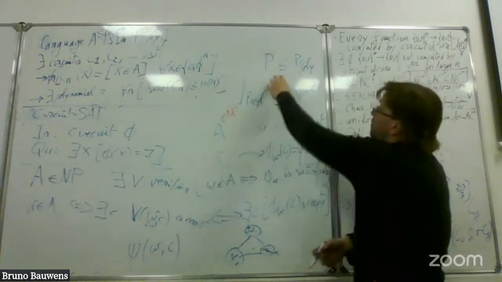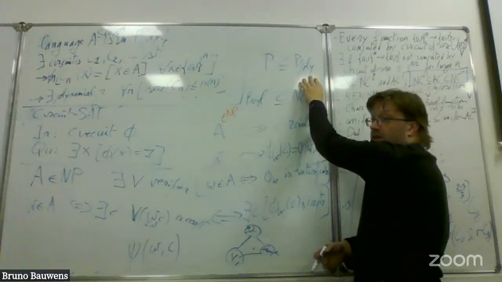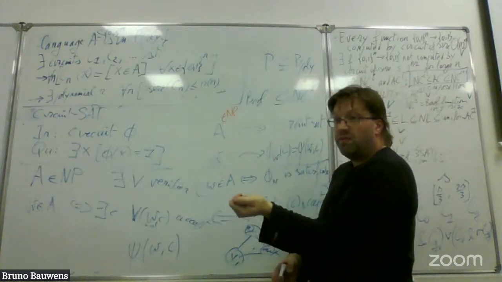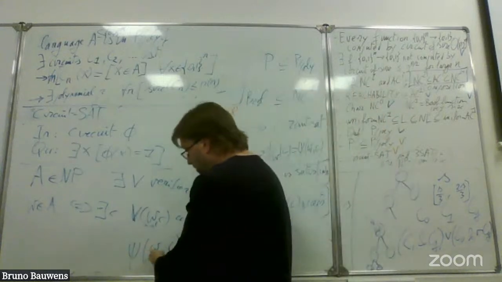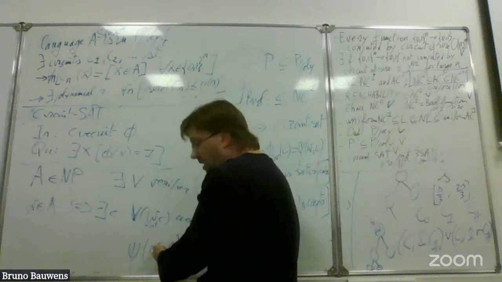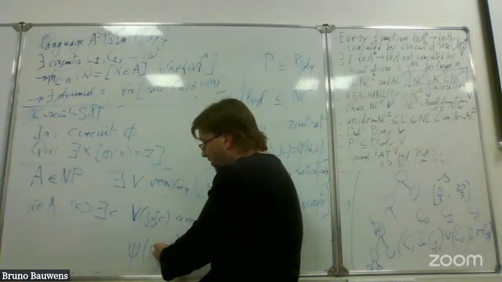So we proved that P is in P/poly. So we can get the answer from the verifier using a circuit. So the circuit has pairs as input and outputs accept or reject according to what the verifier is doing.